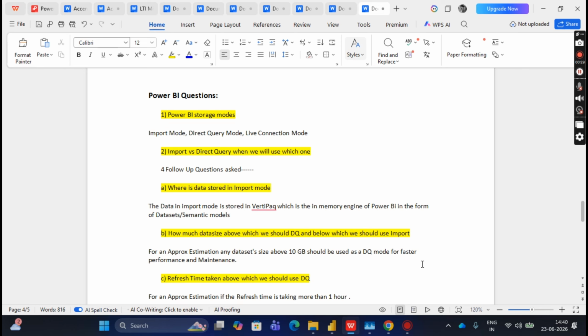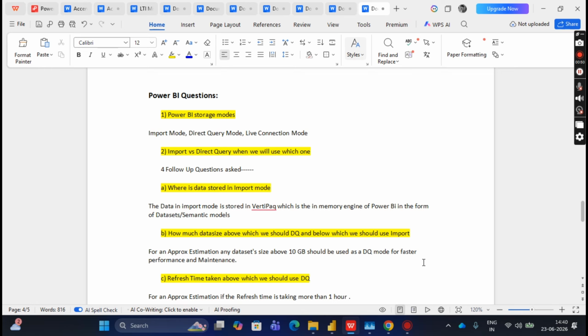And when we require real-time data, and when the data needs to be frequently updated, we will go for direct query mode. And we will choose import mode when we want better report performance, faster slicers, faster dashboards.